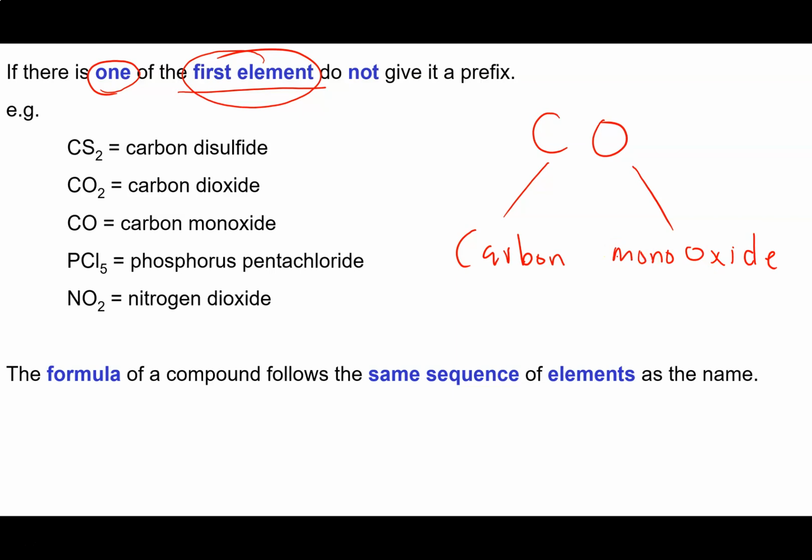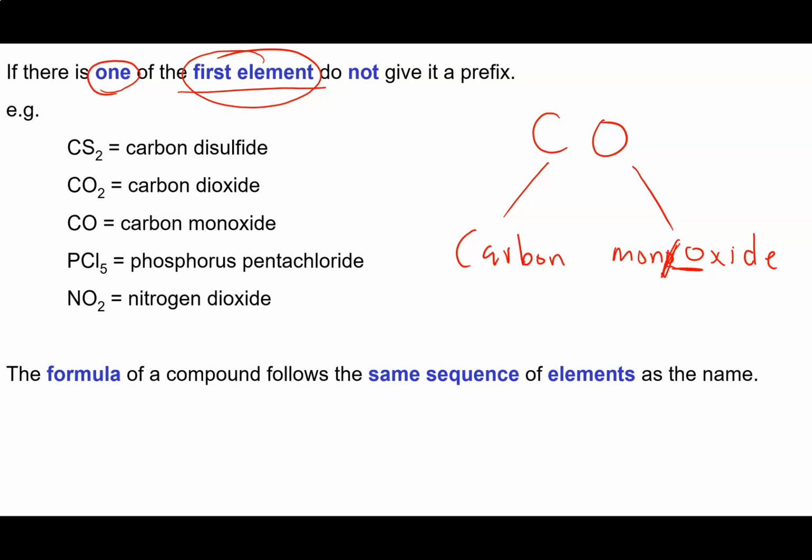Now, I don't know why, but in English the double O in the middle of the word is very rarely used, and so we tend to write monooxide as monoxide and drop the second O. It's just a little quirk of the English language.